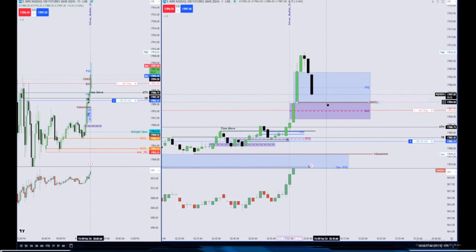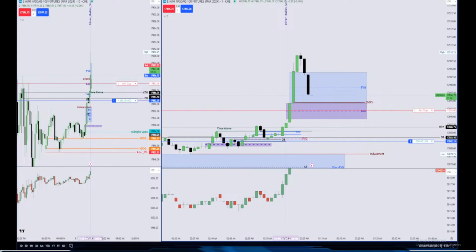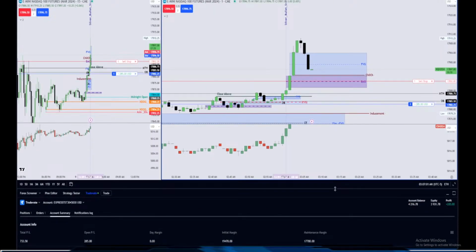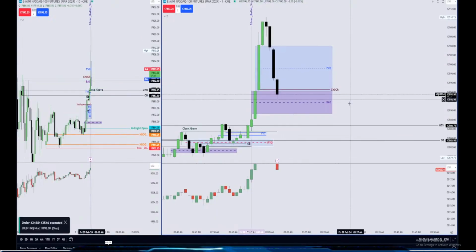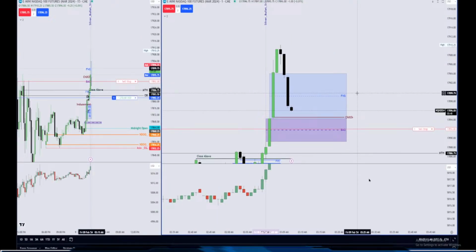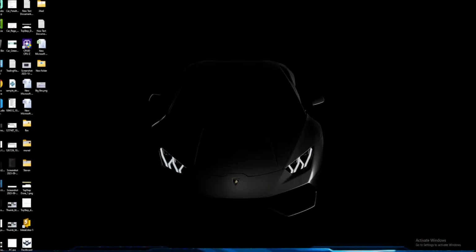Look where the market came and stopped. Yes, I know I could have. Okay, I'll try to slow it down. Wait a second. Look at the value. It's 17,892, okay, 892. Remember that.